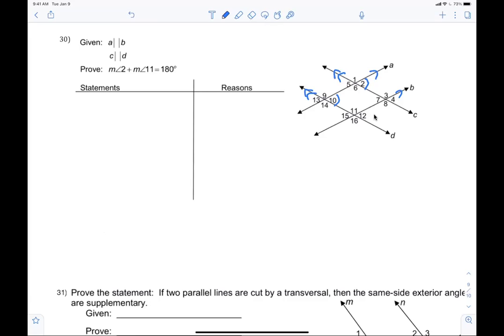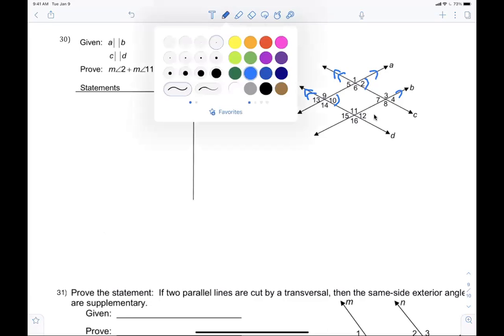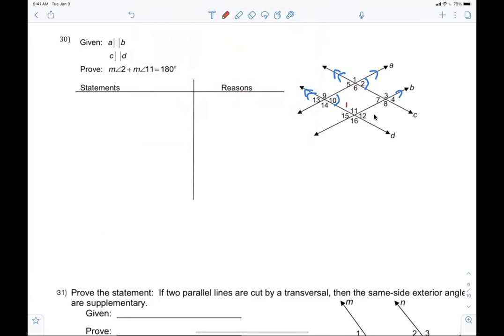And then angle 10 and 11 are congruent. Not congruent, you mean supplementary. Yes, supplementary. Because they form a linear pair. No, because they're consecutive interior angles.